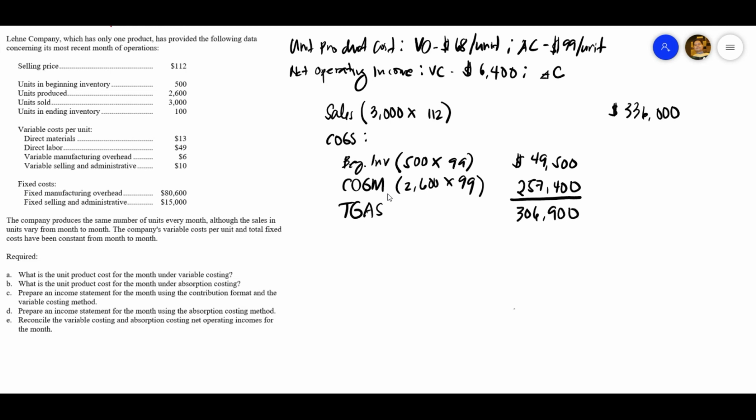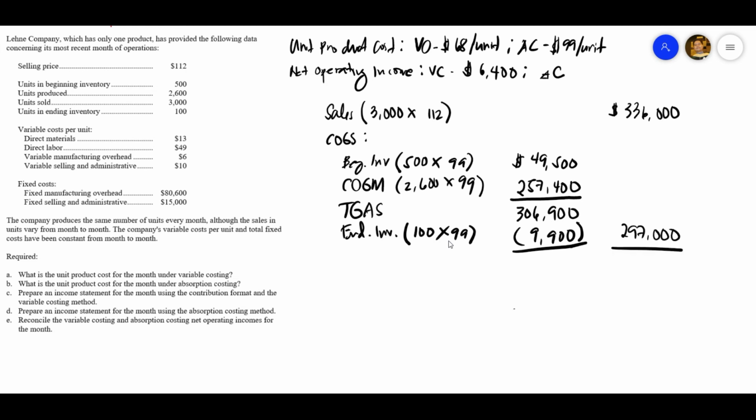So for our ending inventory, we have here your units in ending inventory of 100, and we multiply it by, again, your unit product cost of 99. It's 9,900. Okay, and it will give us a value of 297,000.